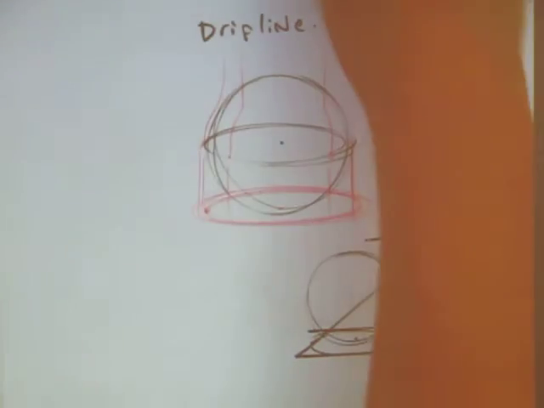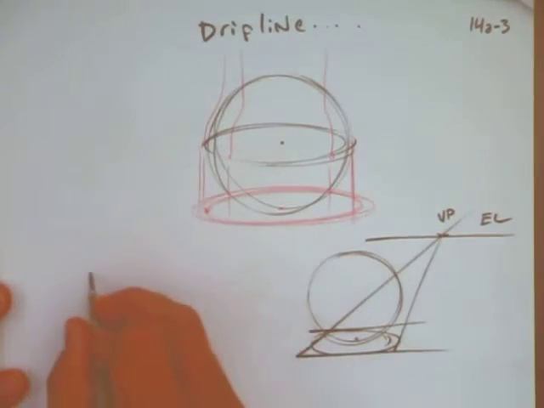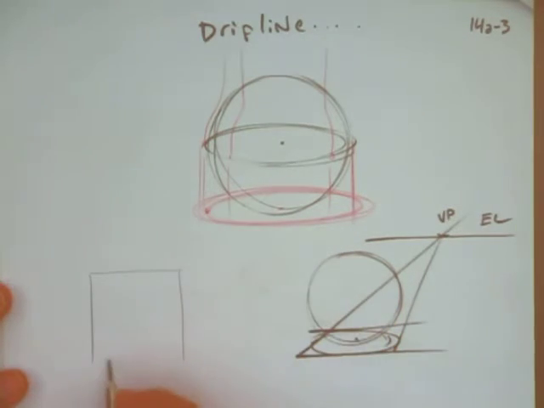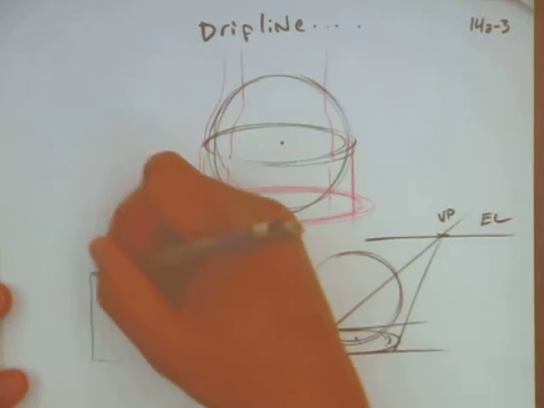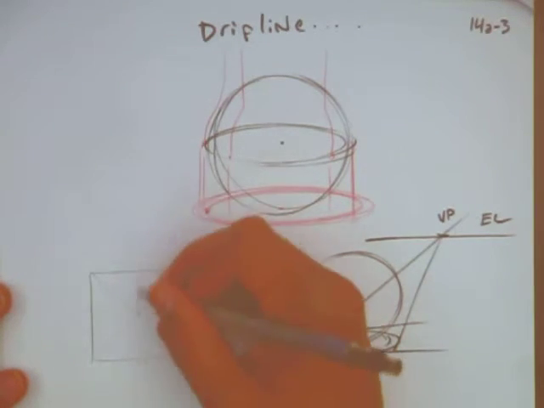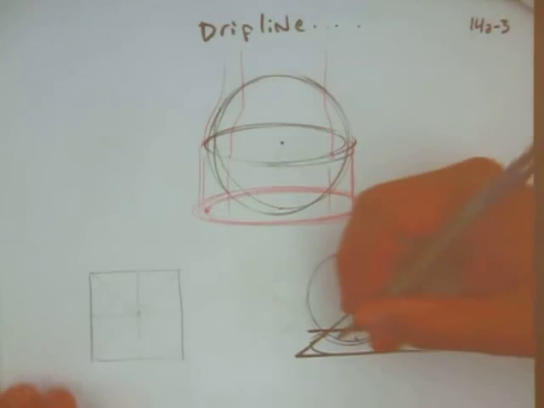Now, here's the part that I want you to think about. When we have a cube over here, or a square, we can bisect it like that with diagonals.